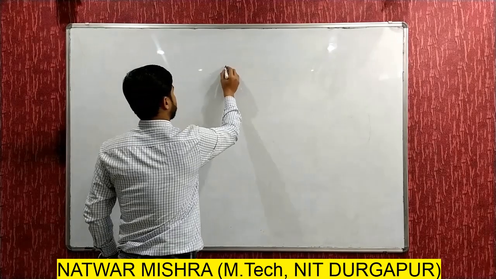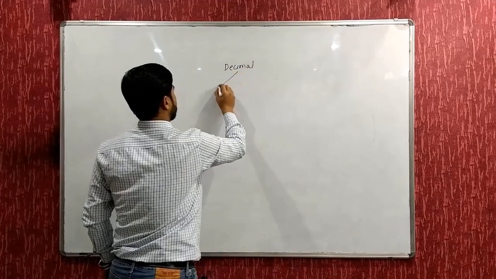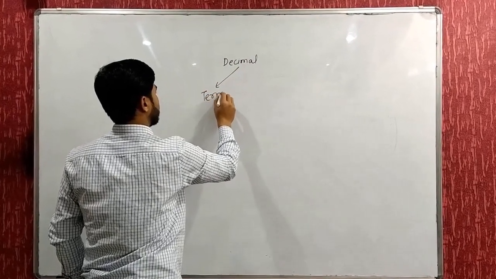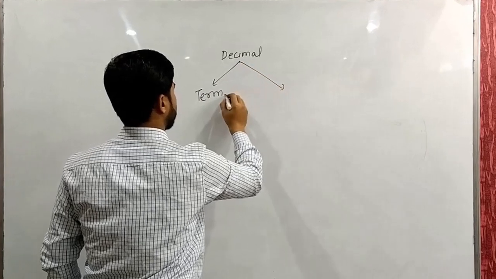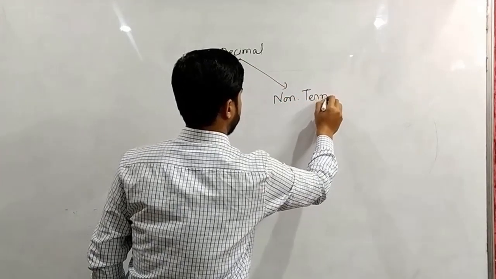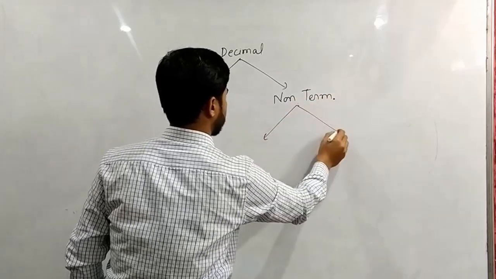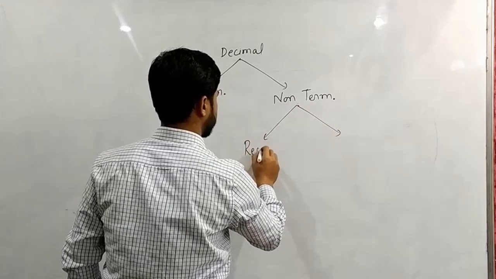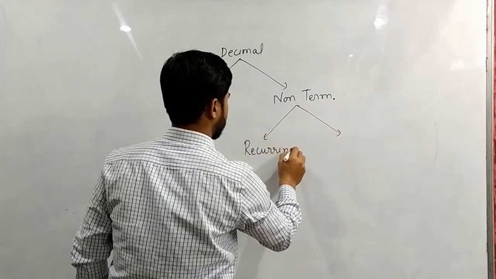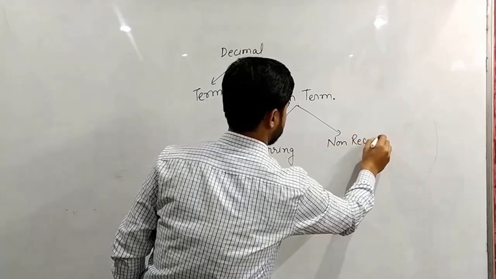If we divide the decimal representations, the terminating ones come under the category of rational numbers, and non-terminating are divided into two parts. The first one is recurring decimal representations and another one is non-recurring decimal representations.